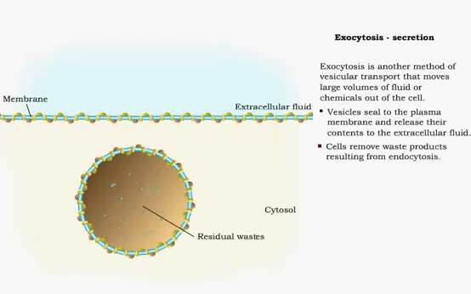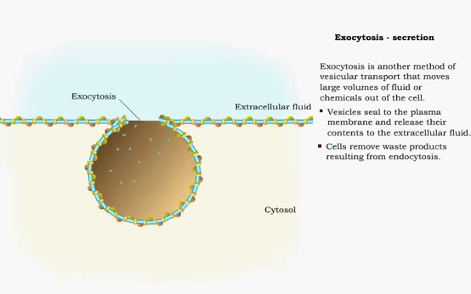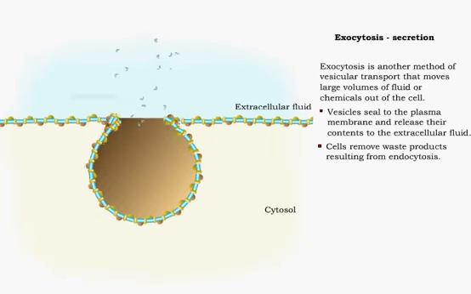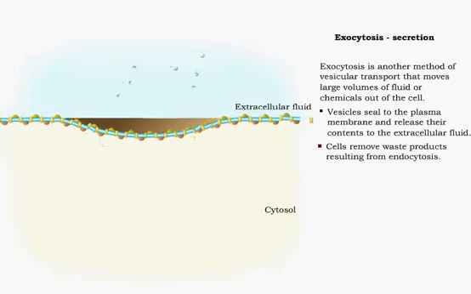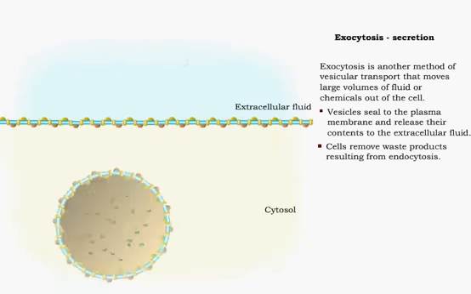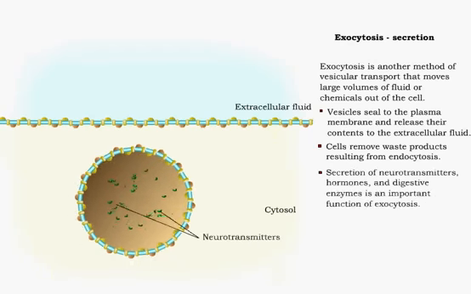Exocytosis is the way cells eject waste products resulting from endocytosis. Nervous cells release neurotransmitters via exocytosis, and secretory cells secrete important substances like digestive enzymes and hormones.